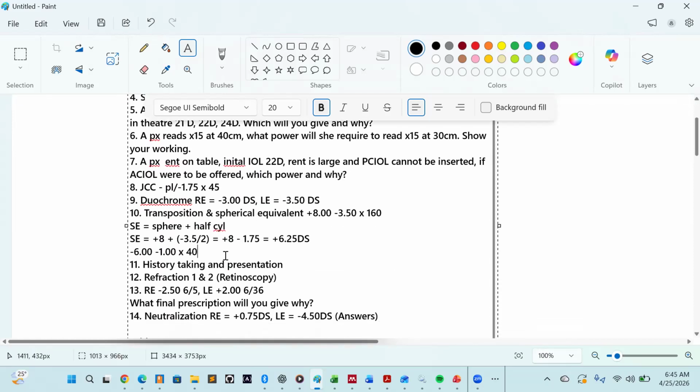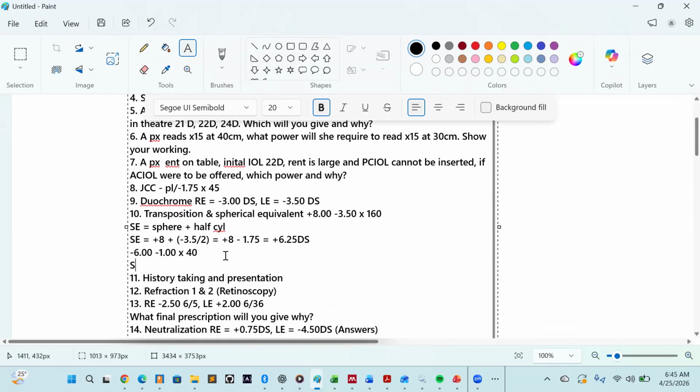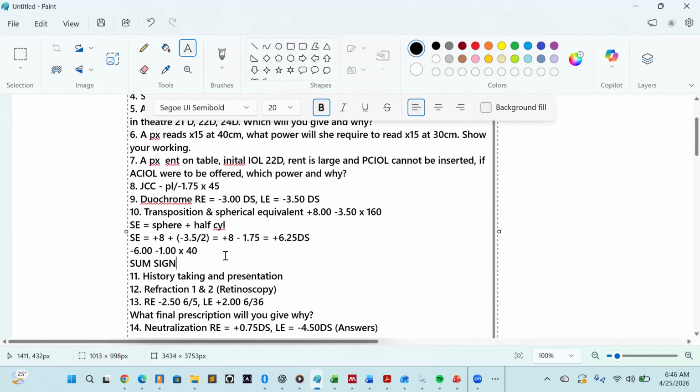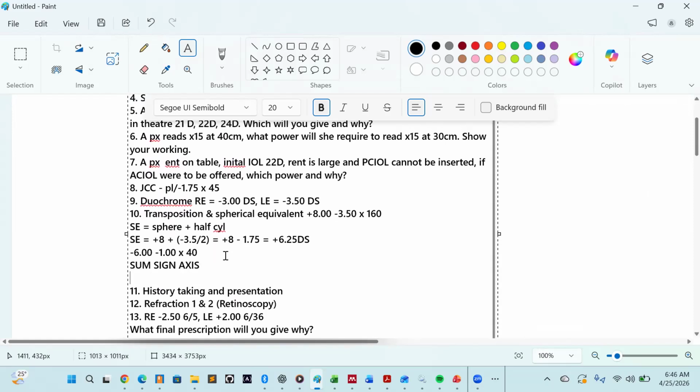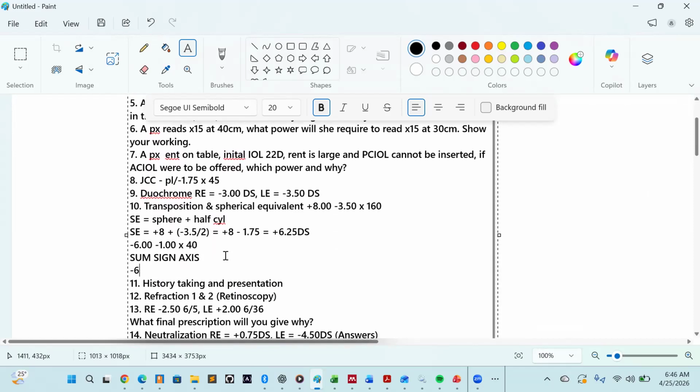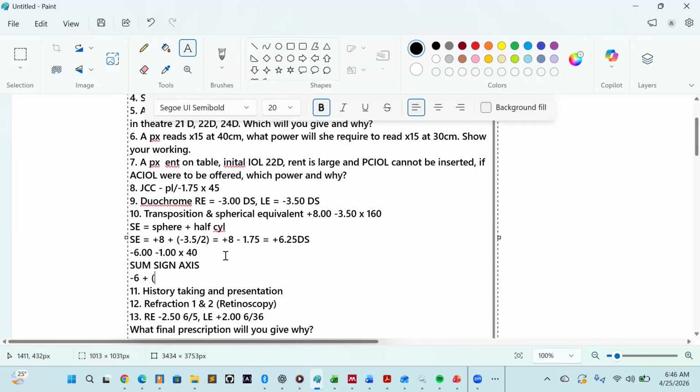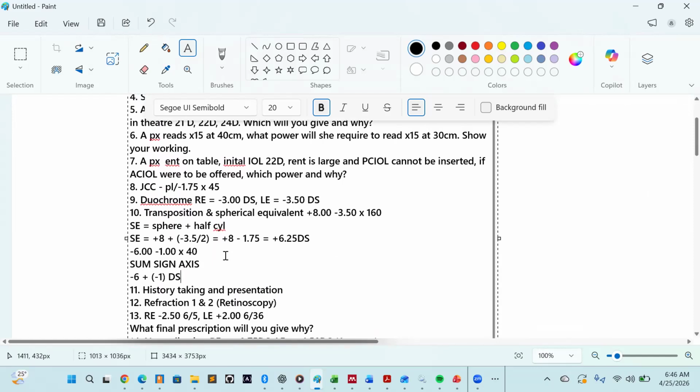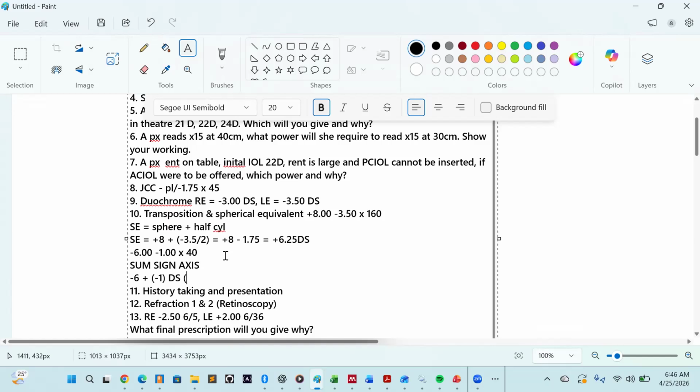And then the transposition of this from minus sign axis to plus: minus 6 plus minus 1. Again, I always like to change the sign, that'll be plus 1. And then if it's less than or equal to 90, you add 90.